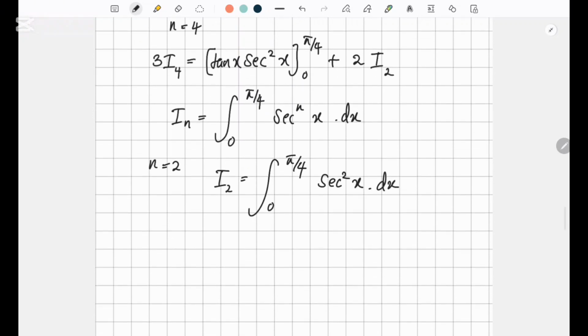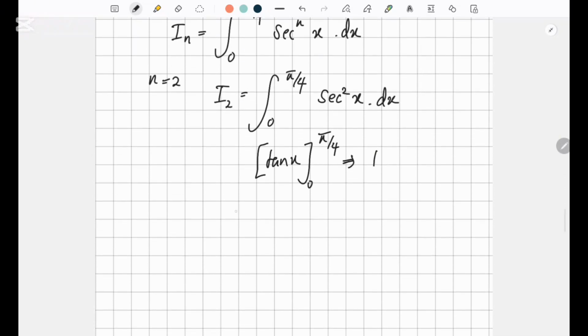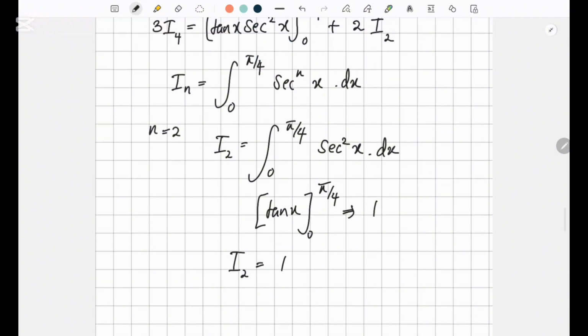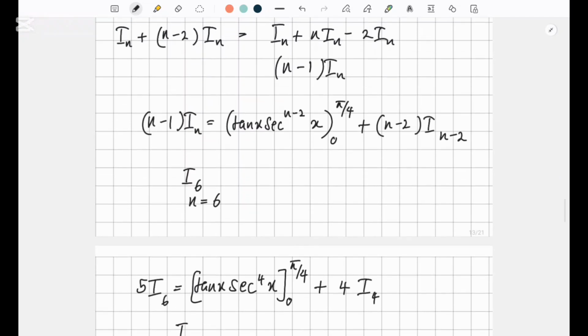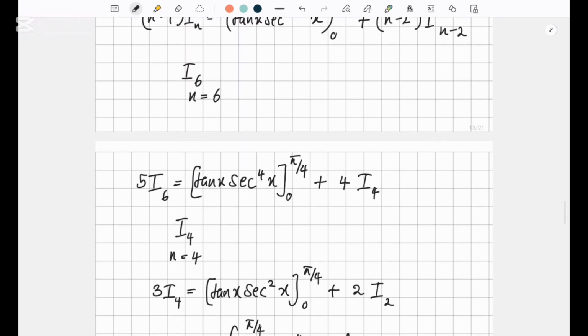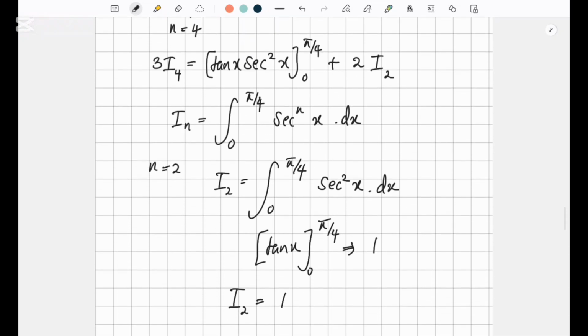So what's the integration of sec squared x? It's tan x. And what are you going to get when you put in your intervals? You will have 1. So your answer for I2 equals 1. So now you found I2. Let's go and find I4.